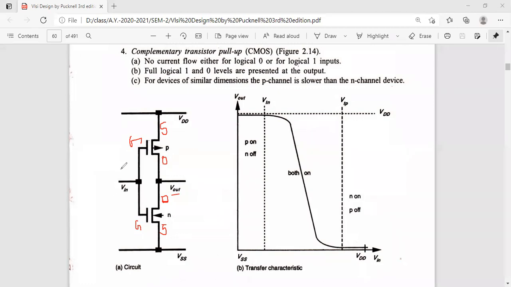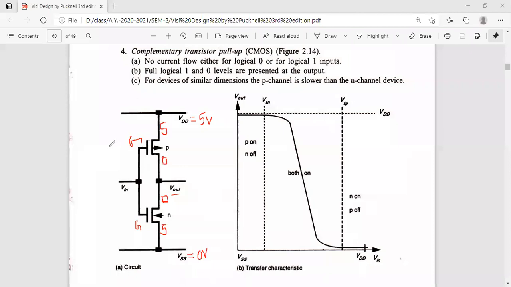You can see here, this VDD will generally be around 5 volts, for example, and this VSS is generally 0 volts.